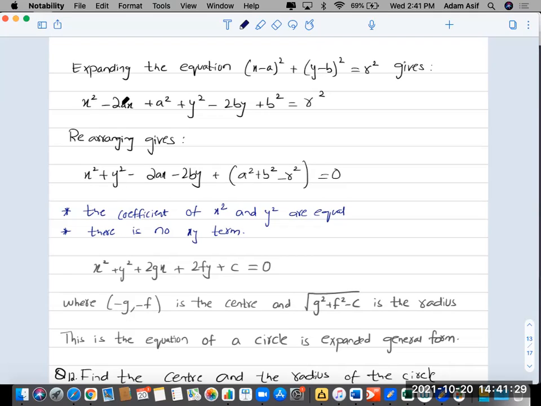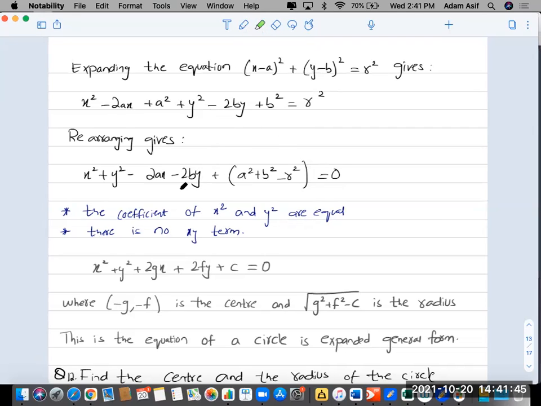You take the x square term and the y square term over here, minus 2ax minus 2by plus a square plus b square minus r square equals 0. This is another form, okay?